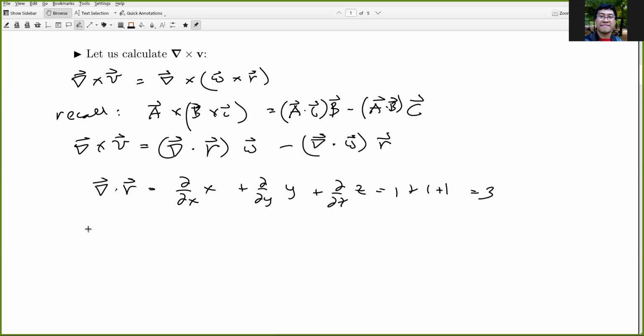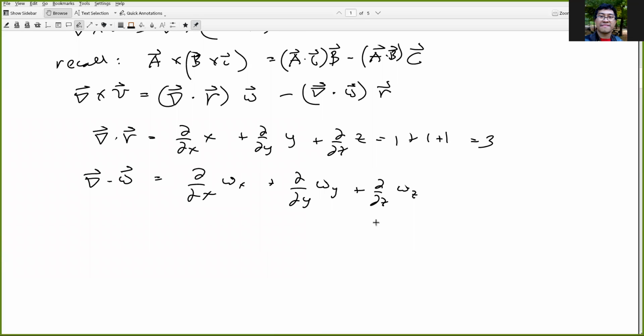How about this one? Del dot omega is partial with respect to x of omega x, plus partial with respect to y of omega y, plus partial with respect to z of omega z. In full, you have del dot omega times r. Here, omega x, omega y, omega z are constants and they don't change, so they are zero if we take the derivative.